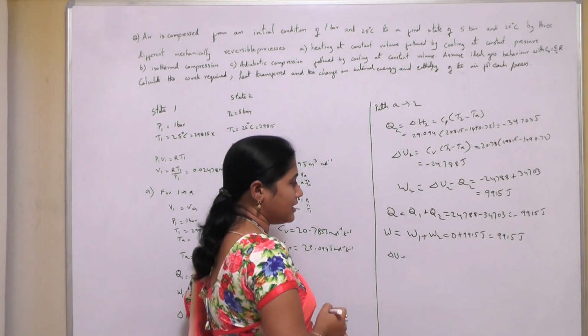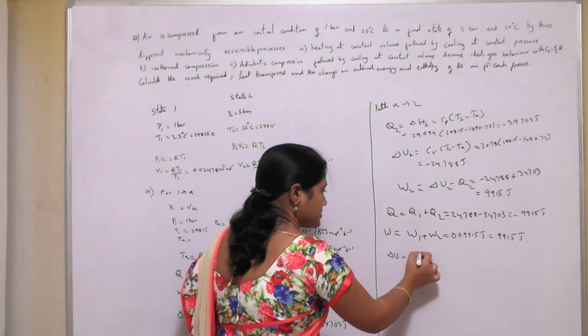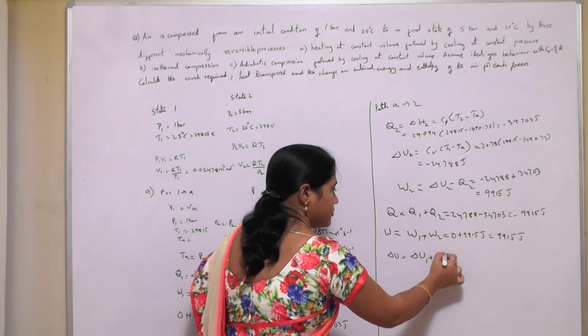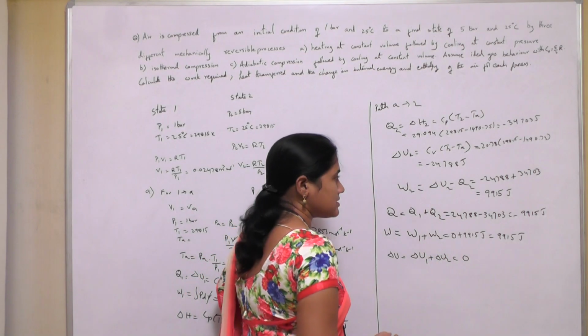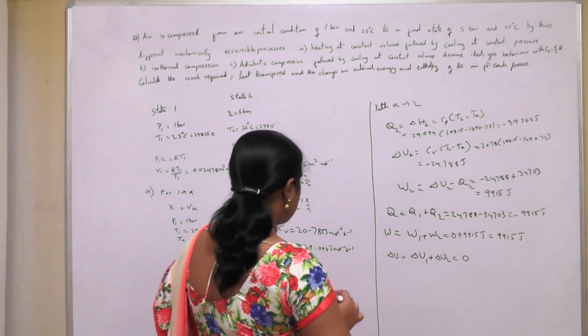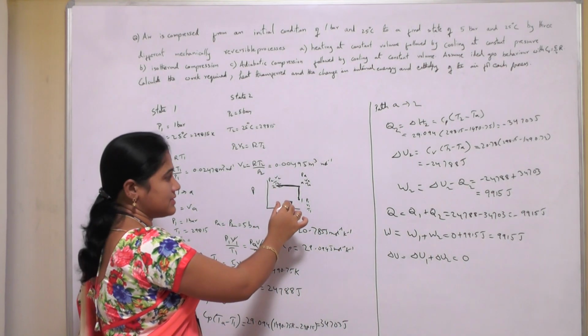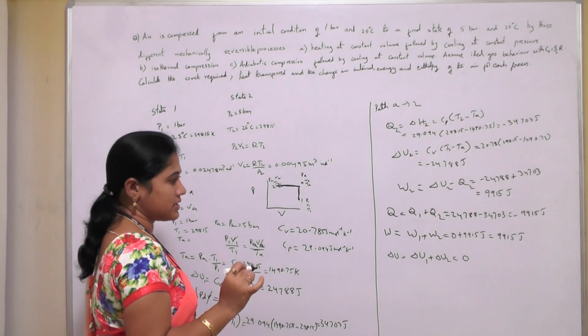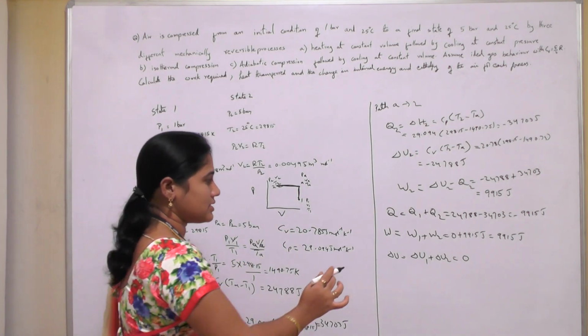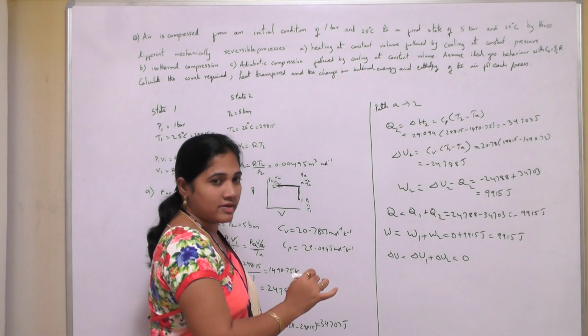The change in internal energy, that is delta U1 plus delta U2, is 0 because the initial state temperature and the final state temperature are the same. That means temperature is constant. So for a constant temperature process, the change in internal energy is always 0.